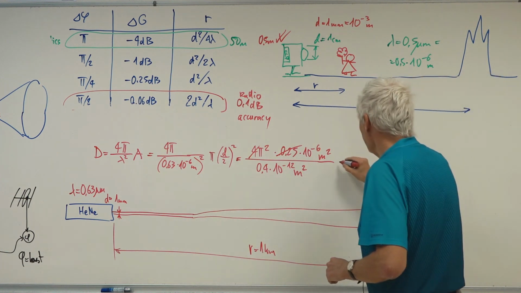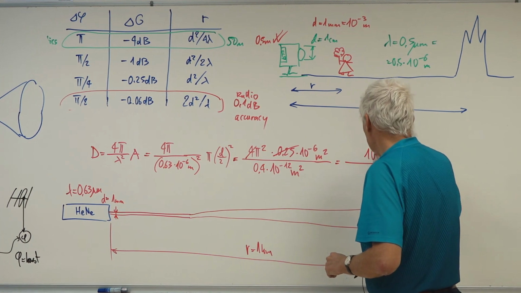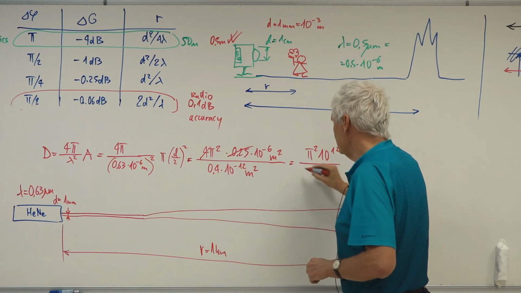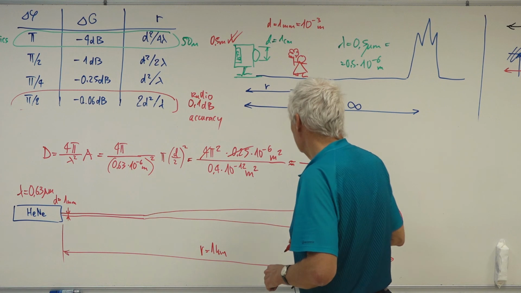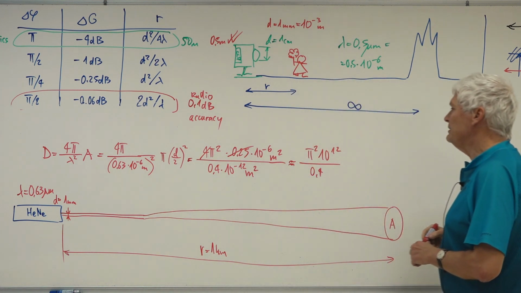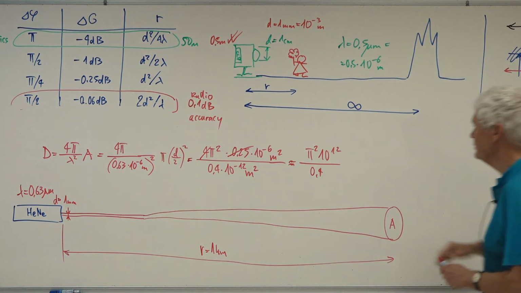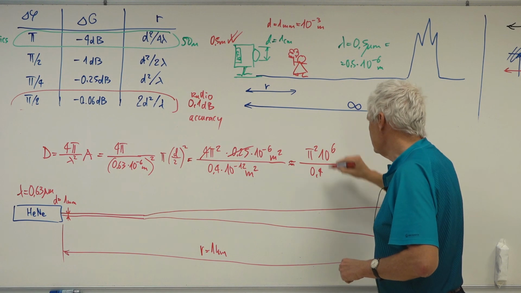I have 10 to the minus 6 over 10 to the minus 12. I have 10 to the 6th power, pi squared, and approximately 0.4 down here. Meters cancel out. Of course, directivity has no measurement unit. If I have minus 6 over minus 12, that is 10 to the 6.